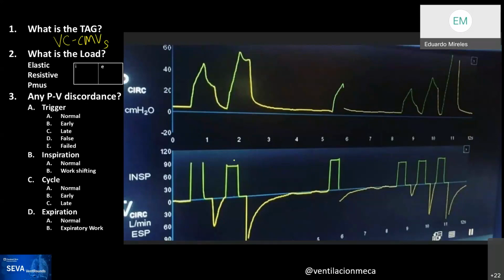So why do I think this is volume control? Well, I look at the flow waveform and it looks beautiful. It's a square waveform, right? In each one of the breaths that we can see, and I presume this one too. And for the sake of completeness, I presume that this one ends up here like that. I'm just going to put it so that it doesn't look so horrible.